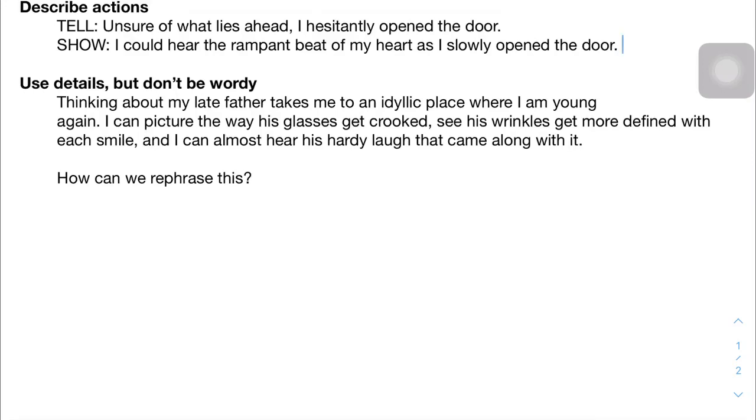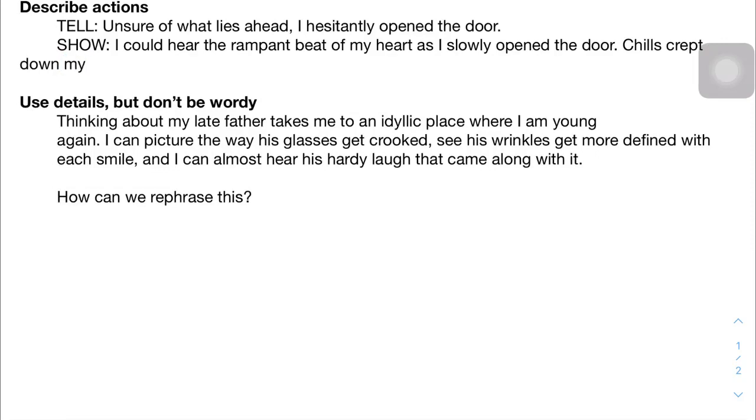This shows that you're still hesitant, but it doesn't quite explain that you're unsure of what lies ahead. So what else can we add? Chills crept down my spine while I imagined what awaited behind it.